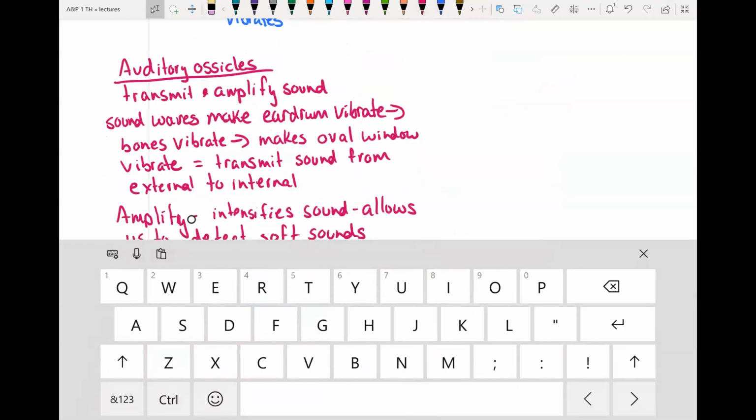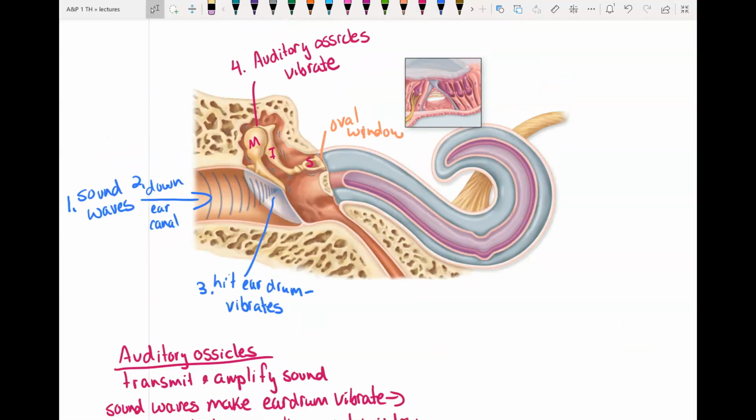Look at the size of the eardrum. So here's the size of the eardrum from here to here. Those sound waves are transmitted to the oval window. If you look at its size from here to here, there's a big difference in the size of the eardrum and the oval window.